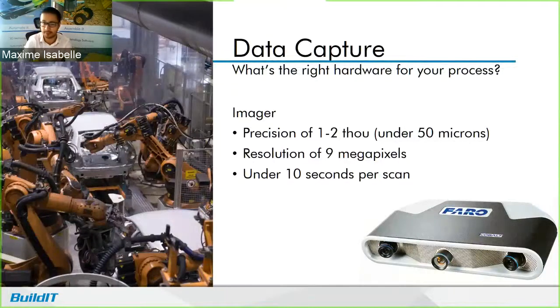So starting with data capture, what's the right hardware for your process? The hardware that we're going to be mostly talking about right now is the imager. As I mentioned, we came from a portable CMM. In the past, we would use hard probes, which would very often require a user to move them from position to position, and there's only so much you can do in terms of speeding that up.